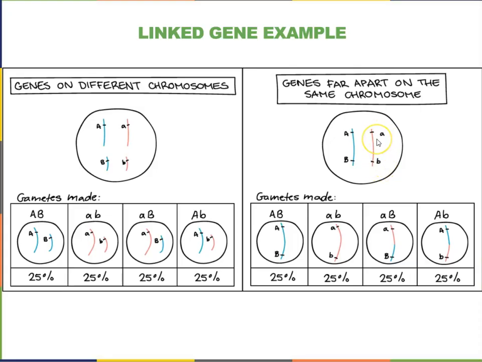If the distance is large enough, the last 2 gametes are possibly made. However, if A and B are very close to each other, there will be only 2 gametes produced, which will be the first 2. Then crossing over will have a very rare chance to occur.